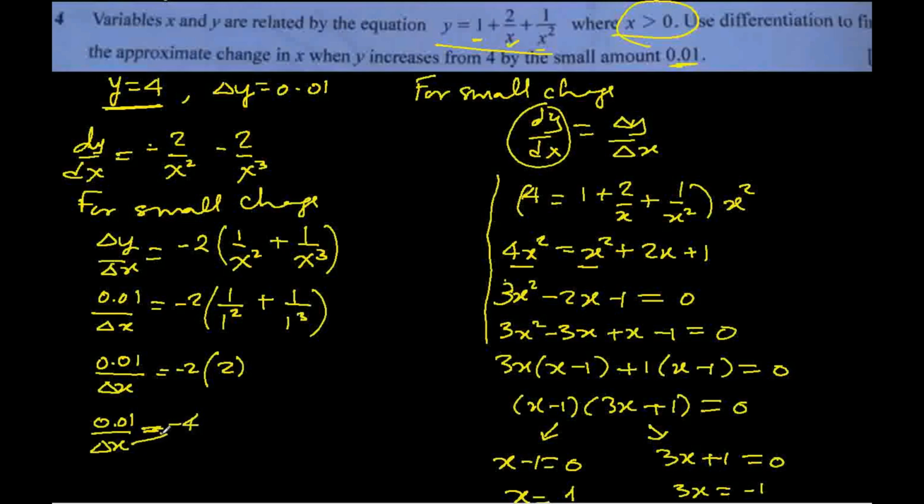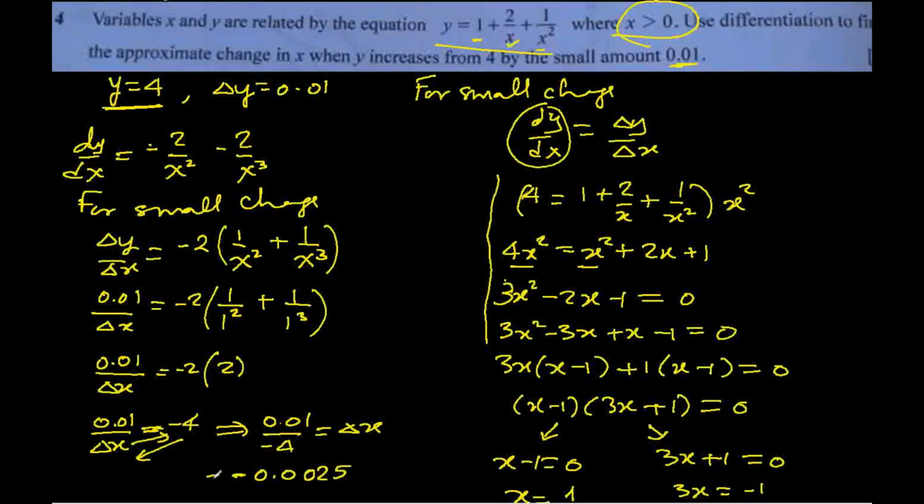So they can switch their places because of the cross multiplication. So 0.01 over negative 4 equal to delta x, that's what they wanted, and it will be negative 0.0025. This will be delta x.